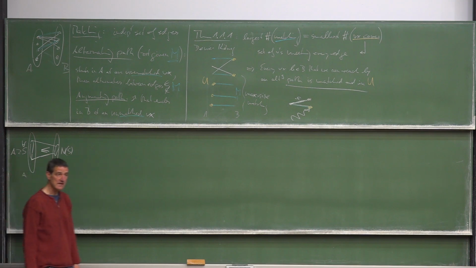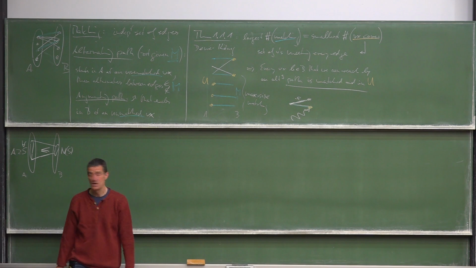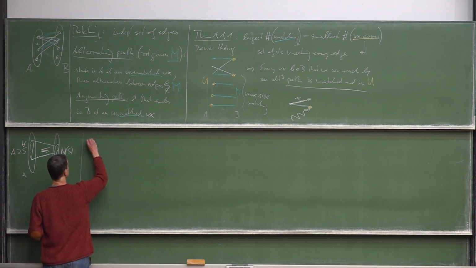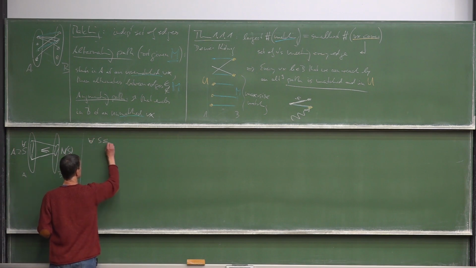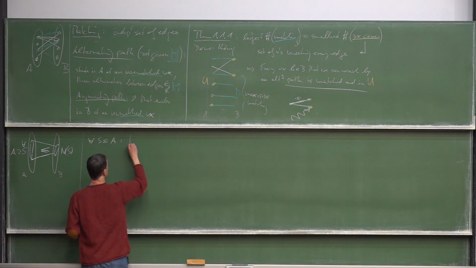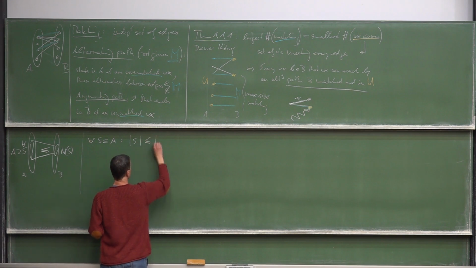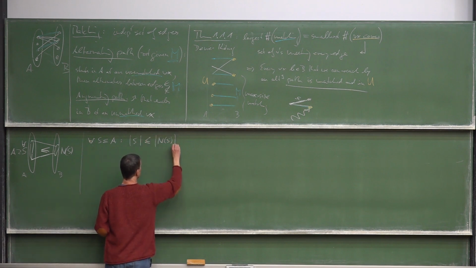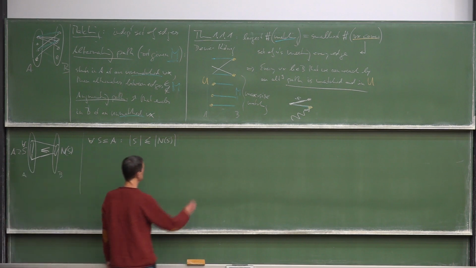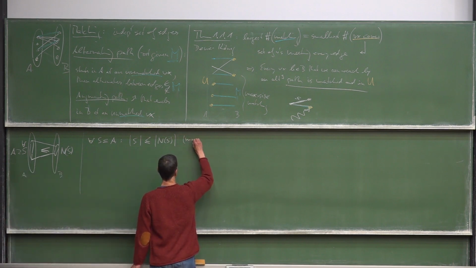So we need, as a necessary condition for a matching that covers all the vertices in A, that for every S in A, the number of neighbors has to be at least as big as the number of vertices in S, and that is known as the marriage condition.